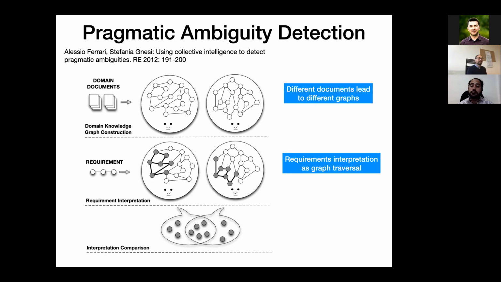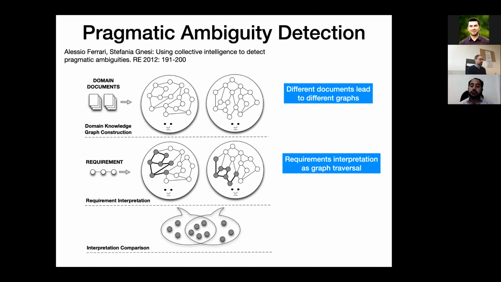So this is a snapshot of the idea. It was published at RE in 2012, quite some years ago. And at this point, I tested this just on a very small data set that we developed here.